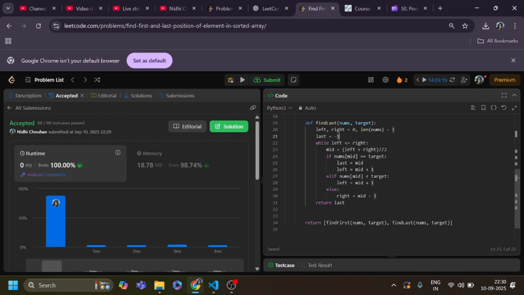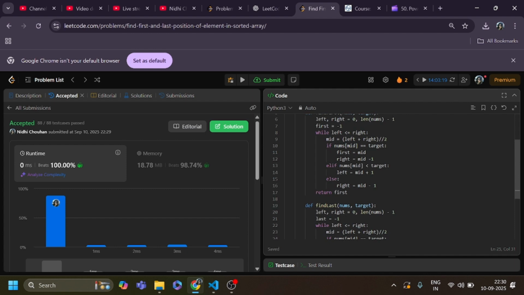While left is less than or equal to right, this is for finding the middle value. If the middle number equals target, last equals middle and left equals middle plus one. If the middle number is less than target, left equals middle plus one, else right equals mid minus one, return last.